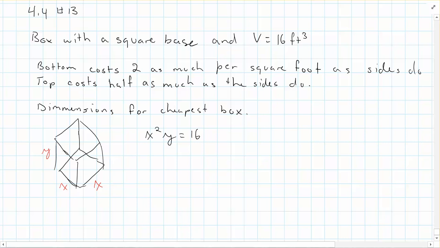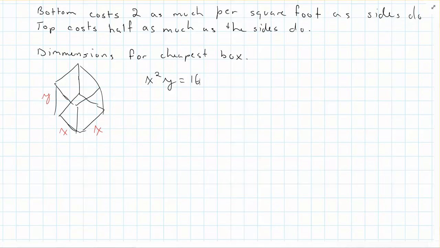Okay, now we're trying to minimize cost, and it looks like we're not given enough information, because really if you think about it, the cost would be equal to the price per square foot times the square footage.